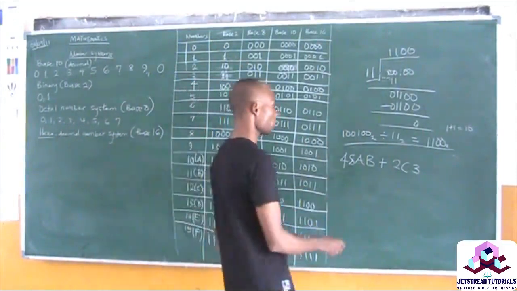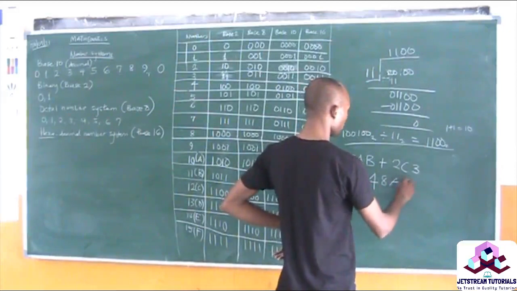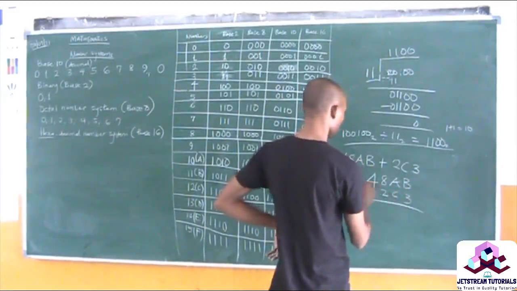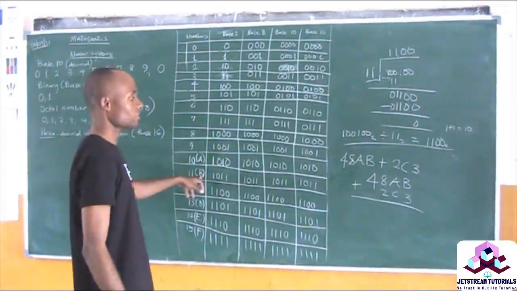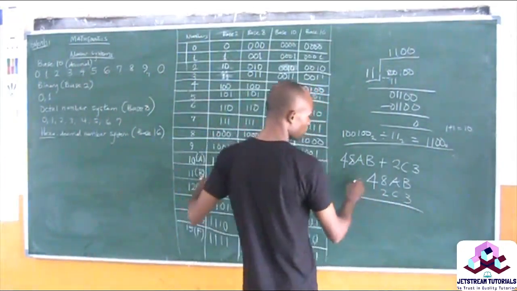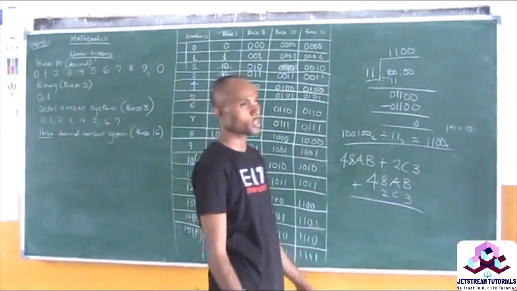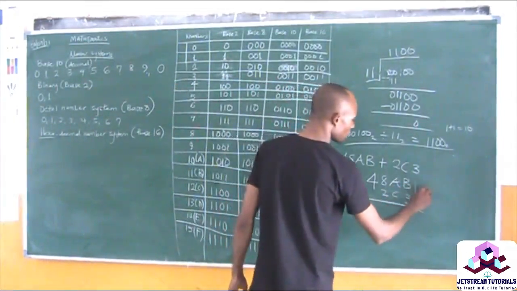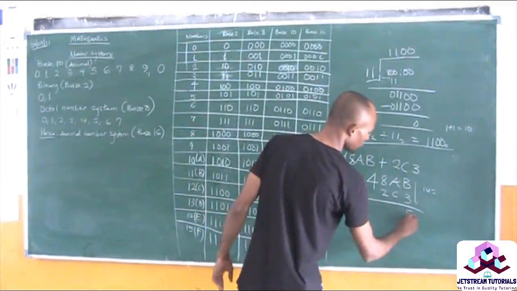So first of all, we need to arrange it. 48AB, 3C2. Let's add. Now, what is B? B means 11. 11 plus 3 is 14. Do we write 14? 14 is E. So we write E here.